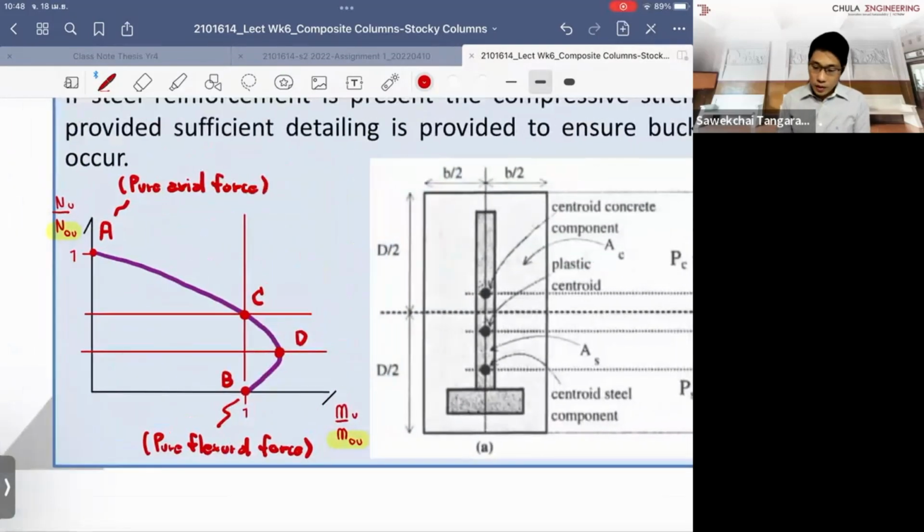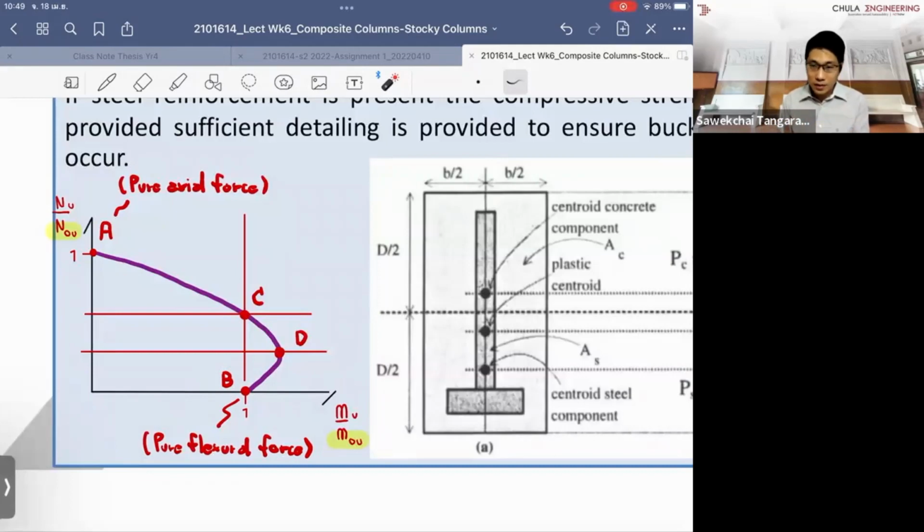Right. So for these 2 points, the way we calculate, for example, point B, is similar to what you did for the beam design. Within the beam design, we assume that the equilibrium between the compression and the tension force is satisfied. So you have a similar tension and a similar compression. That's why there is no axial force left over in the cross section.